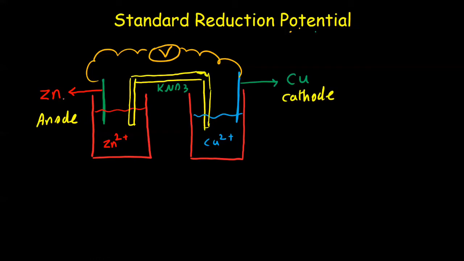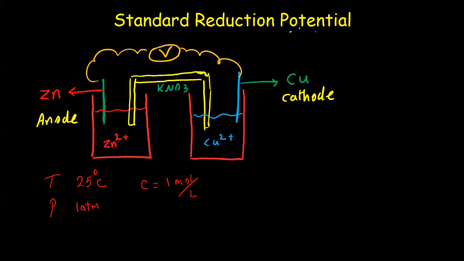The standard condition is a temperature of 25 degrees Celsius, pressure of 1 atmosphere, and for the solution, the electrolyte concentration should be 1 mole per liter. So a standard half cell is one electrode of hydrogen under a standard condition.